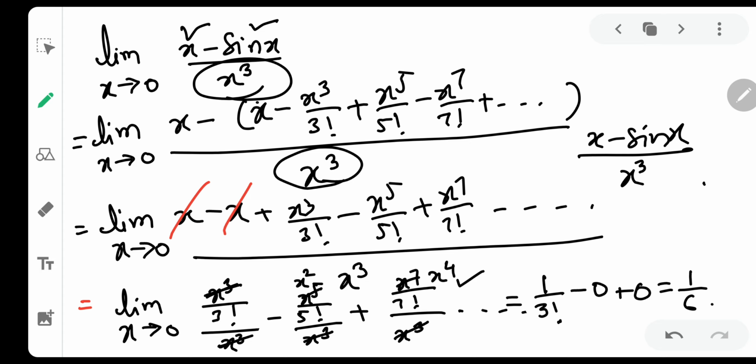Are you getting it? It should be exactly x³. Then, my friend, the limit is going to exist and it will be 1/6. If it is x⁴, then x will remain in the denominator, but that will be 1/0 and not defined. Hence, the limit will not exist.